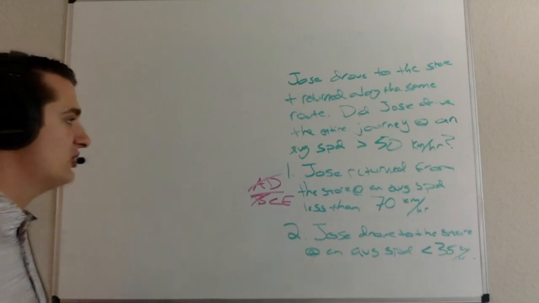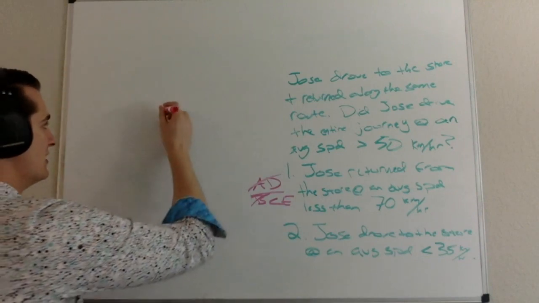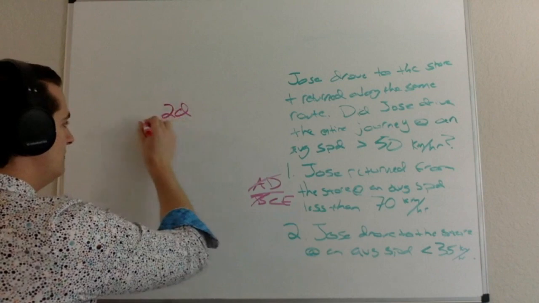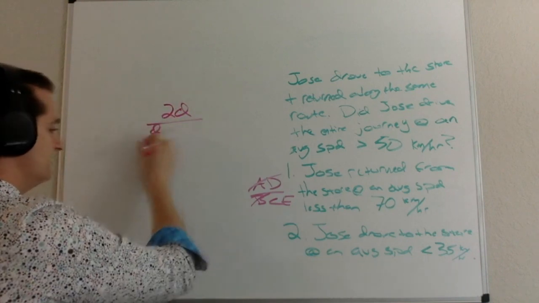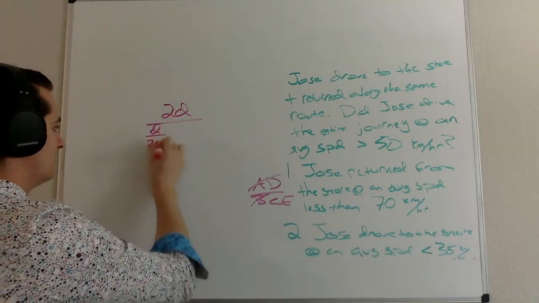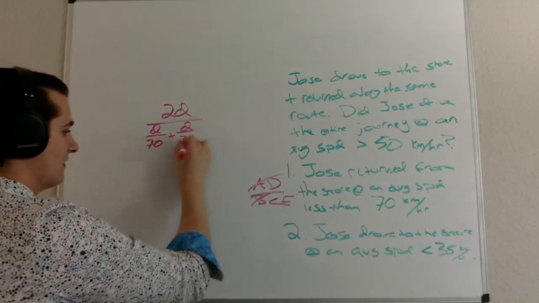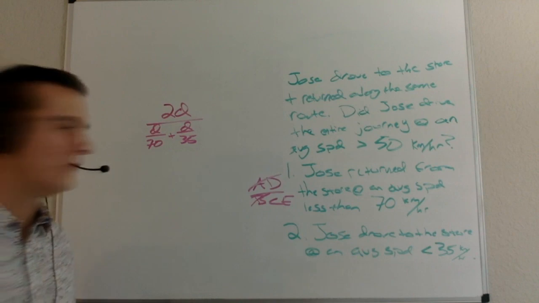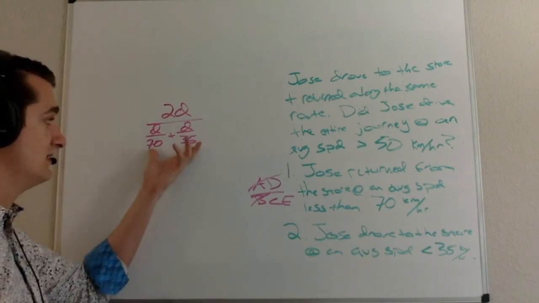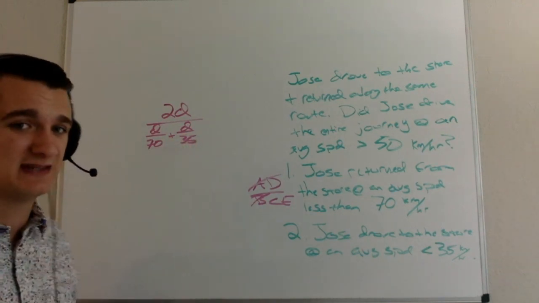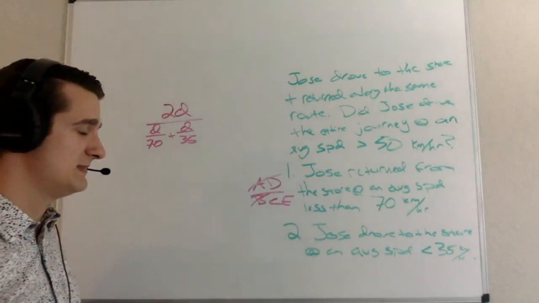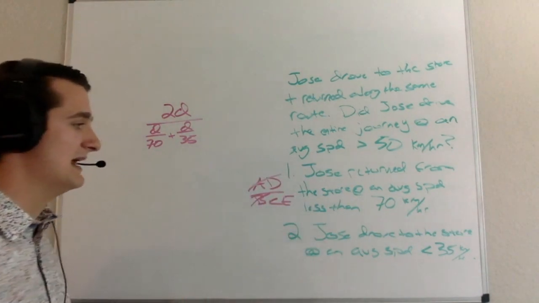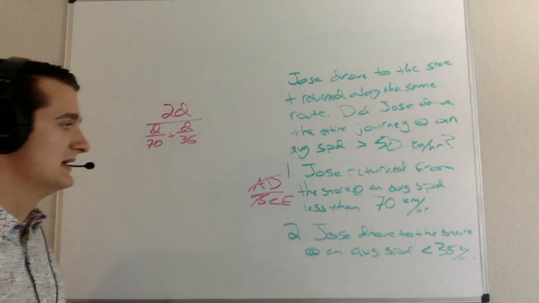In theory, I could also think about this as 2d over d over 70 plus d over 35, and max out both of those speeds. If I max out both of those speeds, in theory, what would my top average speed be?